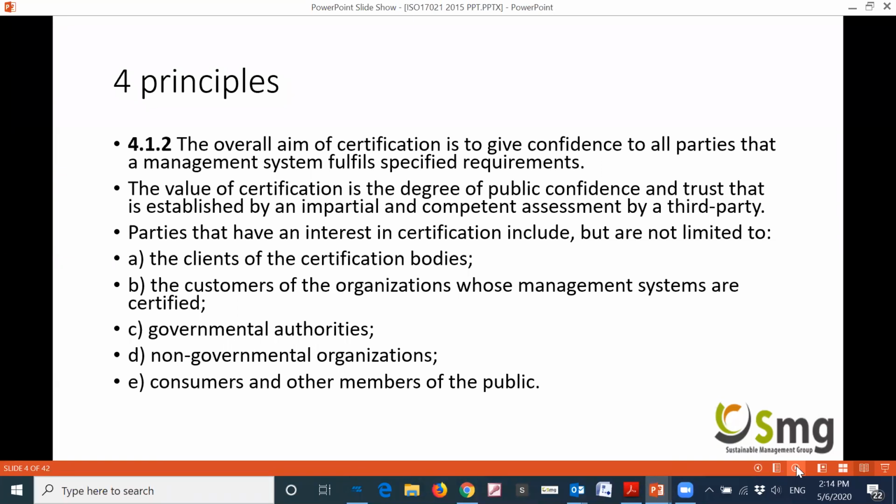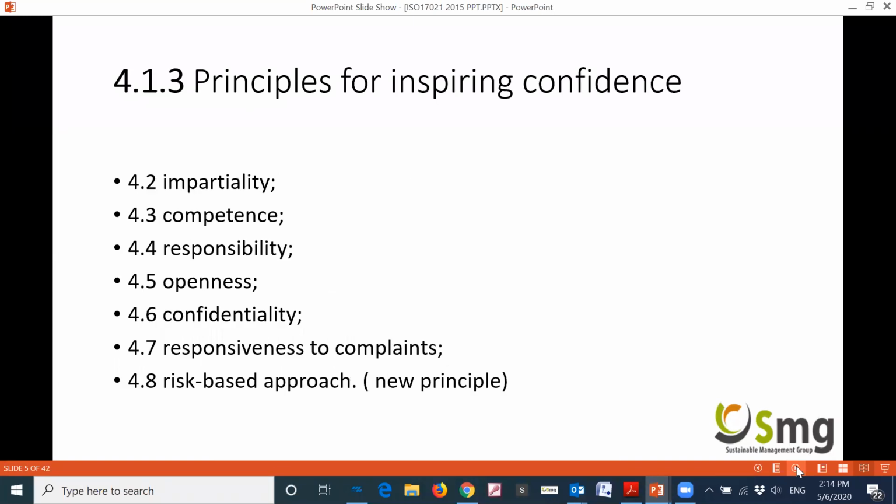If they see a certificate with a scope that is not what this company is doing, they will laugh at us. They will say, what kind of certification body is this, offering a certification to a client and stating in a scope something they don't do? So this is very important for us to give that confidence.